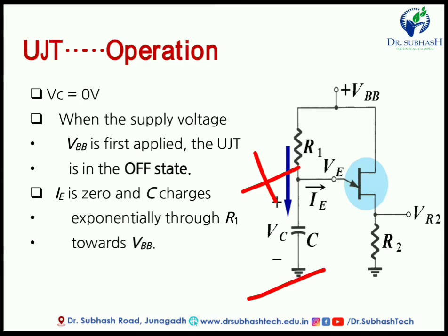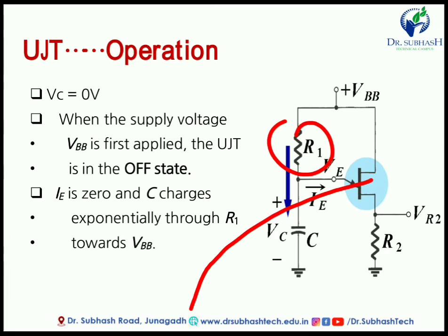Now, when the supply voltage VBB is first applied, the UJT is in the off state because the total current will flow through this capacitor. There is no current in VE or the ammeter. IE is 0 and the capacitor will charge exponentially through the R1.